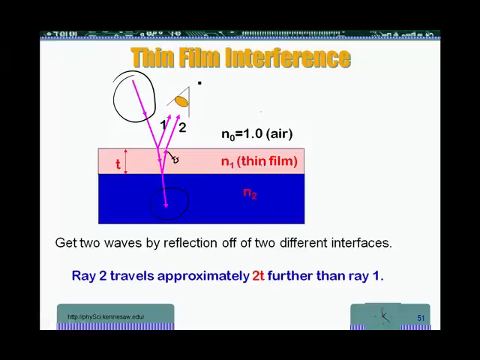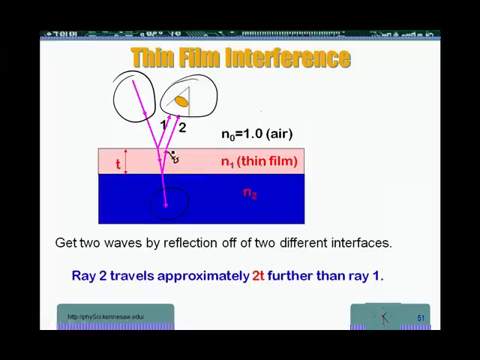Now, if we have someone looking at it, or a camera or whatever looking at the beams, that eye is going to get 2 beams of light that are coherent because they came from the same beam: ray 1 and ray 2. Now, if these 2 rays are in phase, we get constructive interference. If they are out of phase, we get destructive interference.